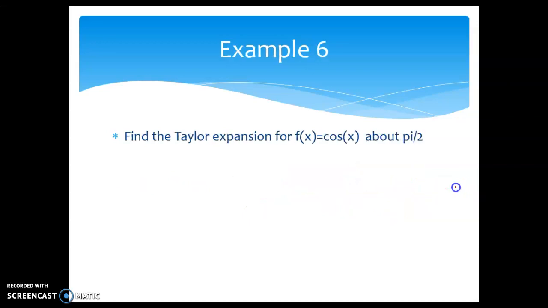Okay, so here we want to find this. This is a Taylor series this time.